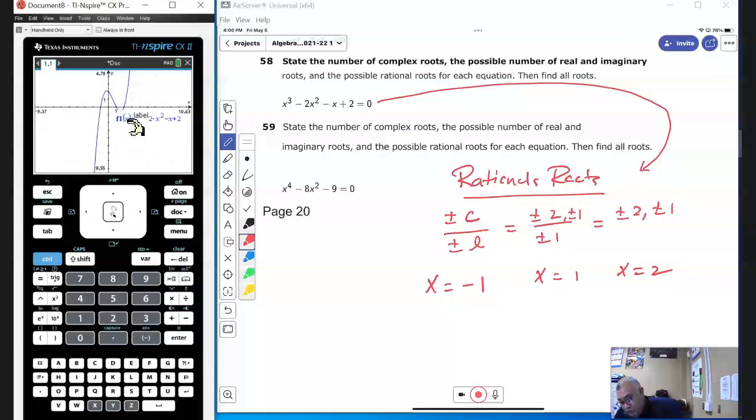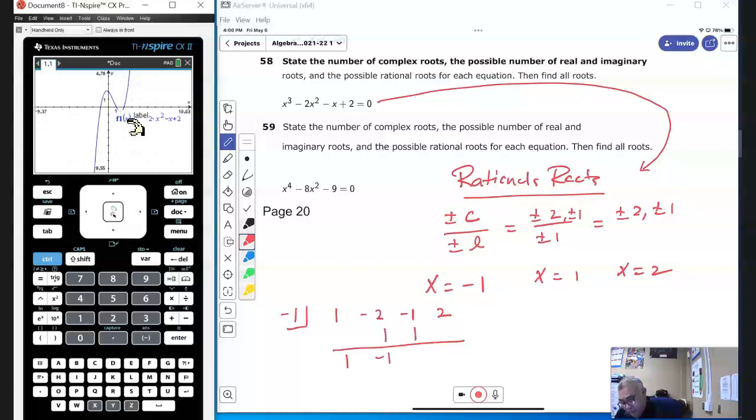So we have 1, negative 1, and it's going to be 1, negative 2, negative 1, 2. So we drop the 1. Negative 1 times 1 is negative 1. Negative 1, negative 1 times negative 1 is 1.